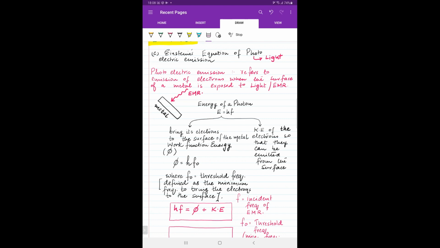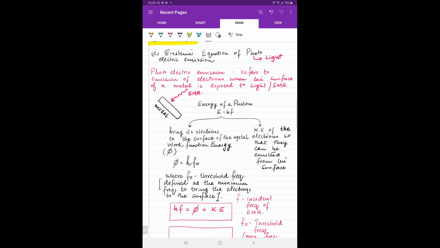कि if I ask you define work function energy, So work function energy denoted by the symbol of phi is defined as that portion of the energy of a photon which is used up by the metal to bring its electron to the surface. Okay?